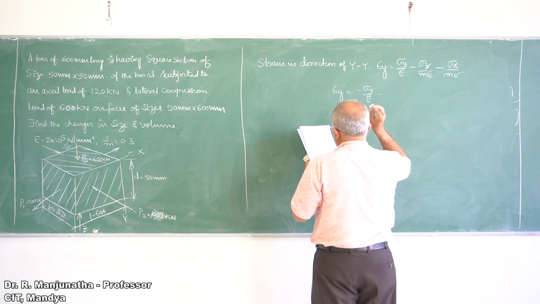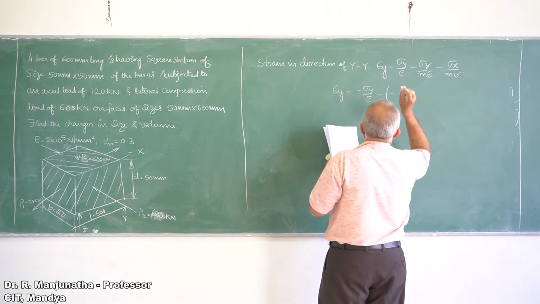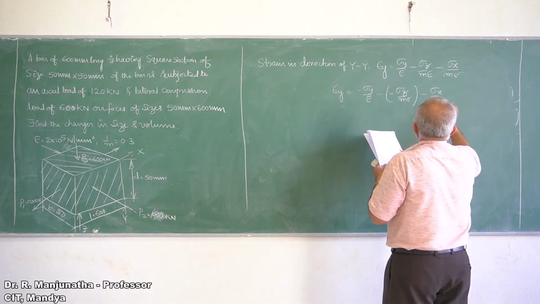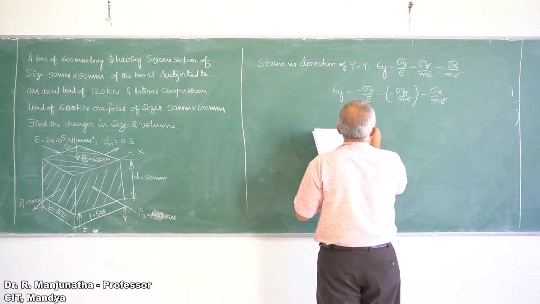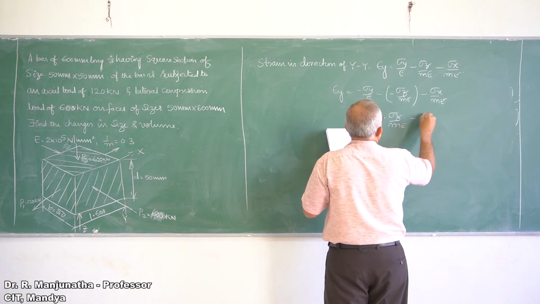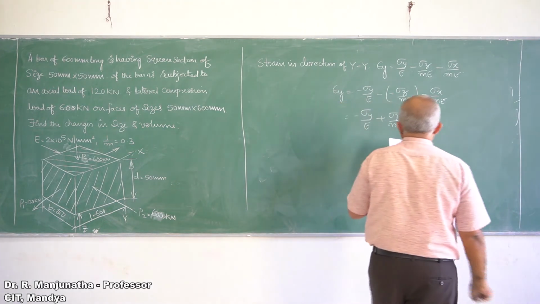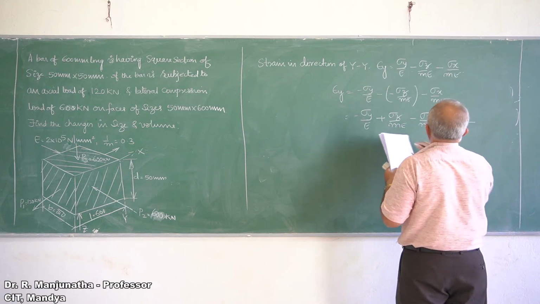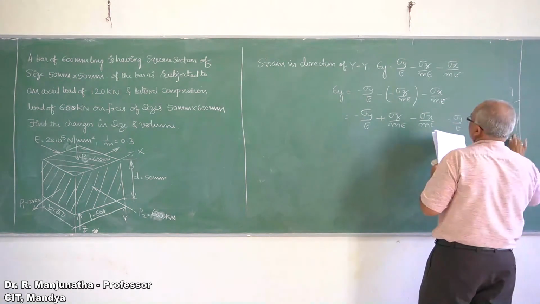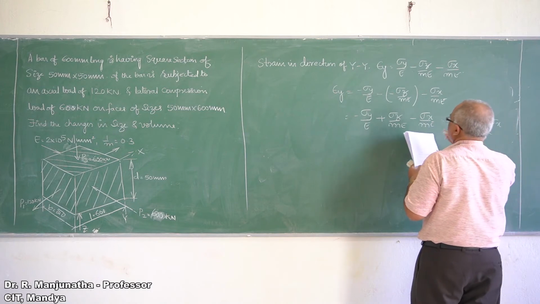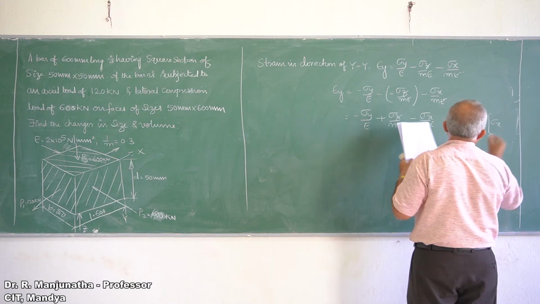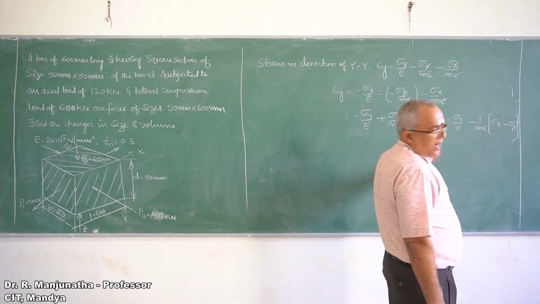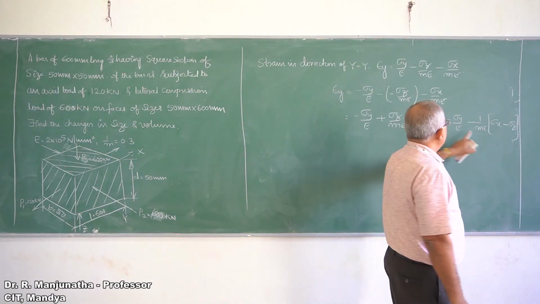Then again, minus of minus sigma z, as it is compressive, you will get plus sigma z by m into E. Again here, minus sigma x by m into E. So that will be equal to minus sigma y by E plus sigma z by m into E minus sigma x by m into E. Taking minus 1 by m into E as the common factor, you get sigma x minus sigma z, so when opening up you get minus sigma x by m into E, and minus into minus becomes plus, so plus sigma z by m into E.